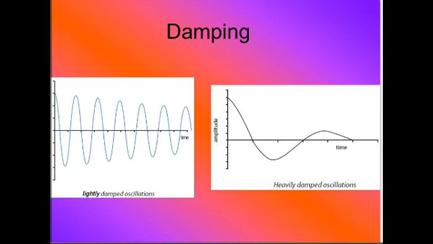So our graph on the left is a lightly damped system, and you can see in this diagram that there's 1, 2, 3, 4, 5, 6 oscillations just on the graph, and then it's continuing on, so it hasn't even stopped yet.